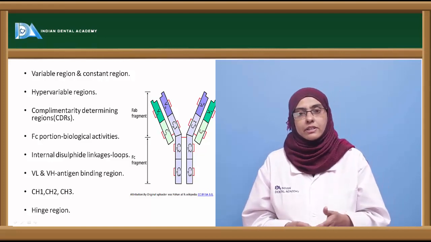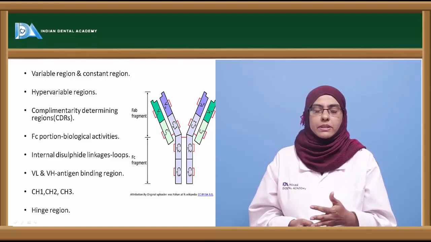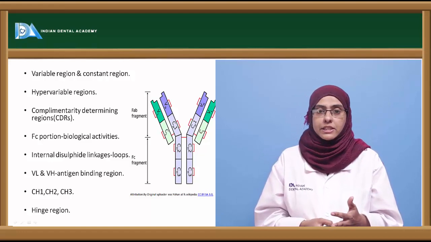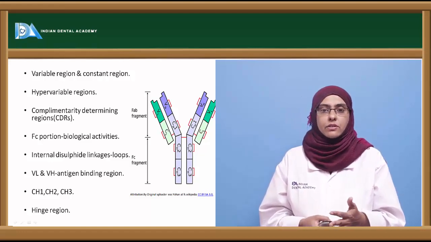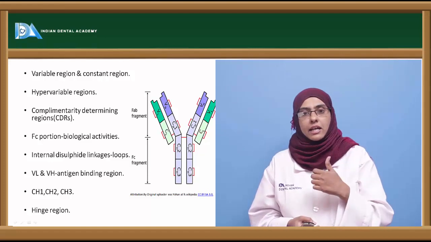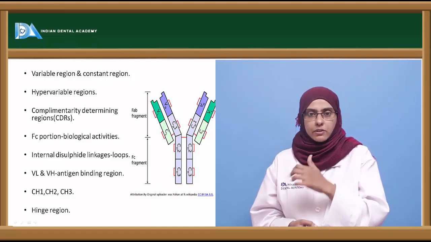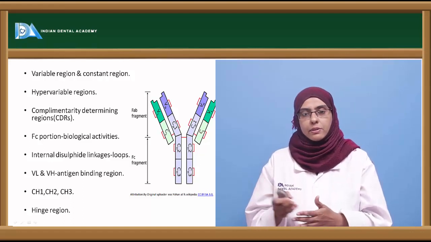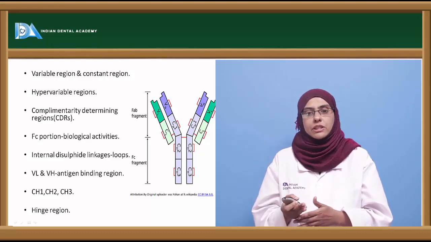The Fc portion can activate the complement system, enhance phagocytosis, which is called opsonization, and mediate antibody dependent cell mediated cytotoxicity. So the Fc portion is involved in the biological effector function, whereas the Fab portion is the one that interacts with the antigen.